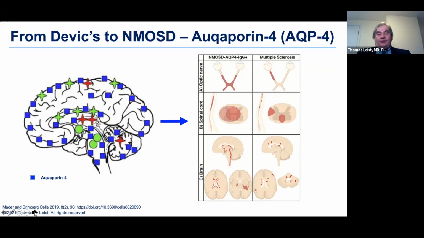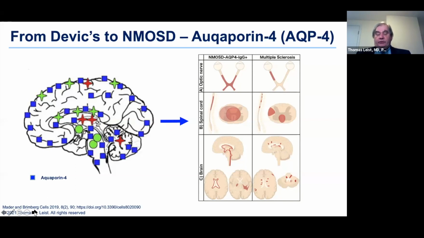In the spinal cord, the lesions that are observed are often small and lead to more discrete injury. And when we look at the brain MRI, in neuromyelitis optica, the brain MRI is often normal, where in multiple sclerosis, we see the MS lesions, or sometimes also referred to as the MS plaques.